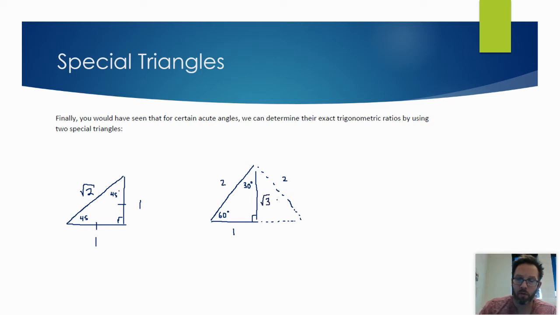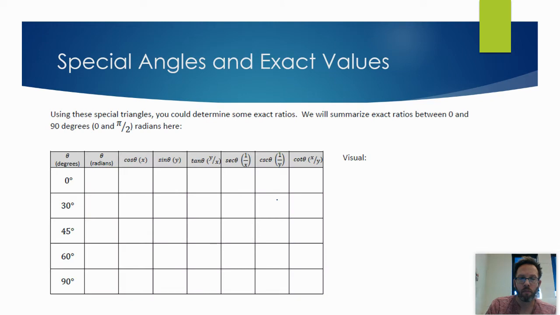The final side here was the square root of 3. So these are the two special triangles, a 45, 45, 90 triangle and a 30, 60, 90 triangle. In your grade 11 course, you use these to get exact values for all these trig ratios, 30, 45, and 60. So I'm going to just squeeze these in here as a visual.